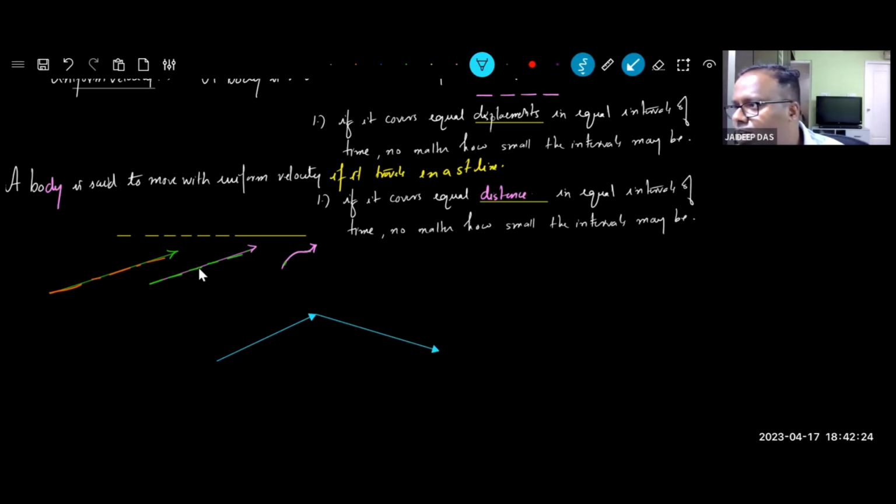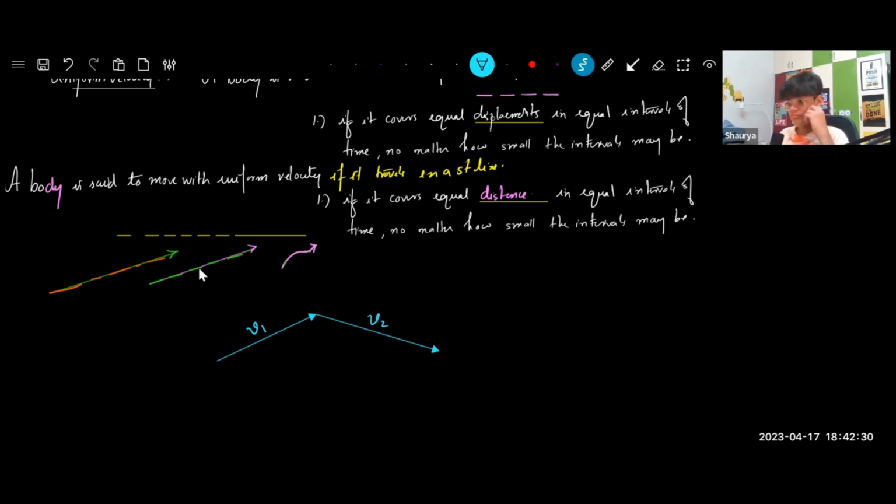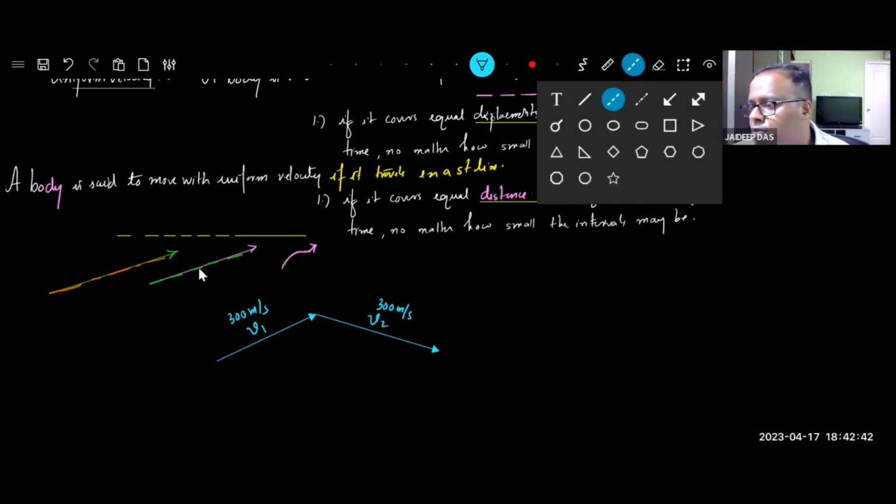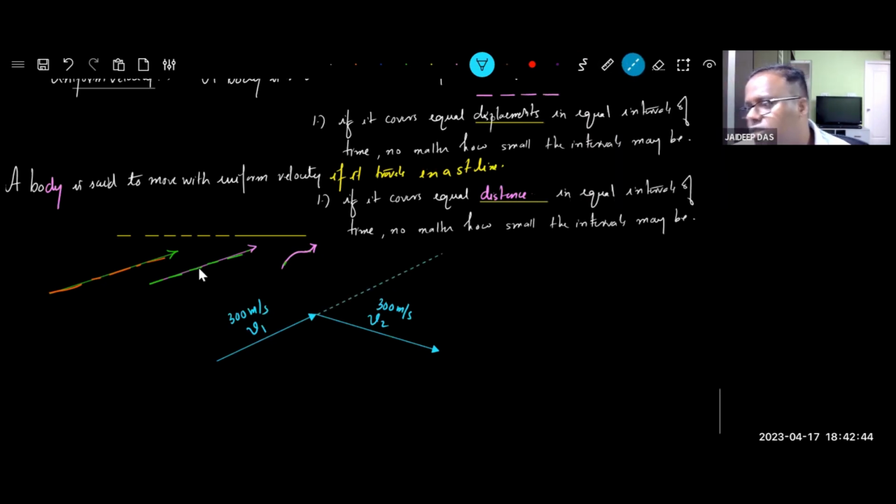Did you understand what I tried to say? If this is velocity v1, this is velocity v2. Here he is maintaining something like, say, 300 meters per second. Here also he is maintaining 300 meters per second. Then, sir, why are you saying that the velocity is different? I am saying the velocity is different because the pilot has changed his direction.